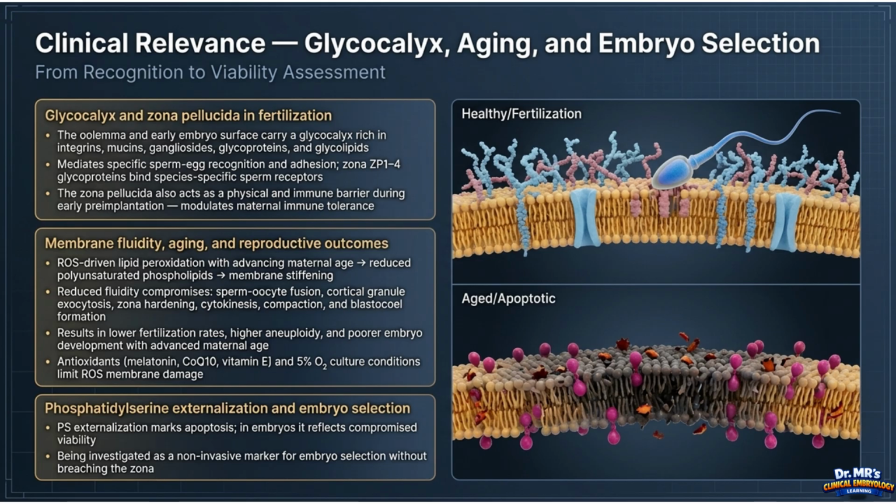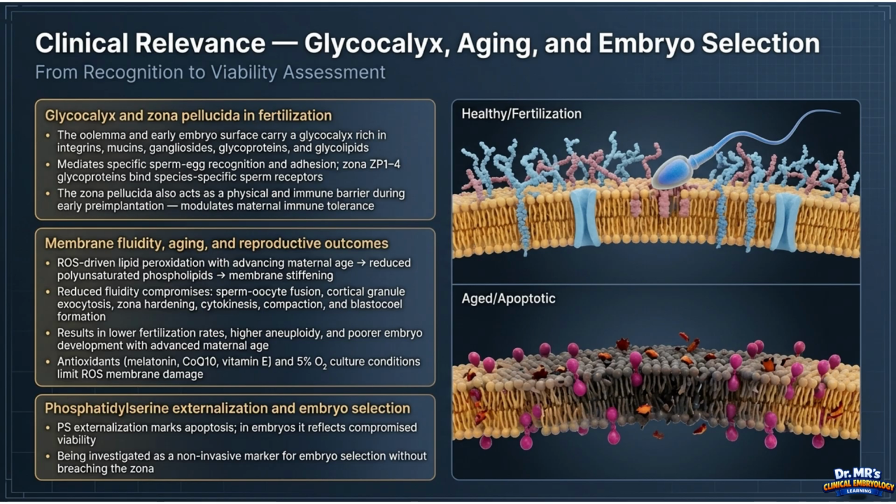Compaction depends on E-cadherin-mediated adhesion that is modulated by membrane fluidity, and blastocoel formation via the sodium-potassium adenosine triphosphatase depends on trophectoderm membranes with appropriate physical properties. The cumulative result is lower fertilization rates, higher aneuploidy, and poorer blastocyst development in older patients, outcomes that are at least partly attributable to membrane-level changes.